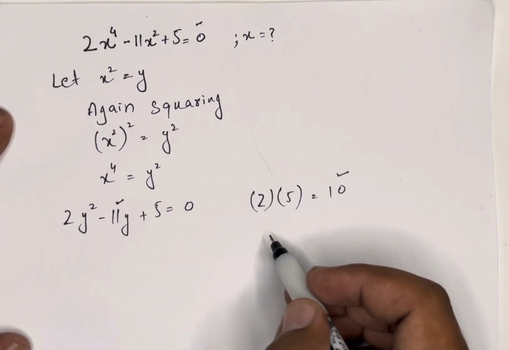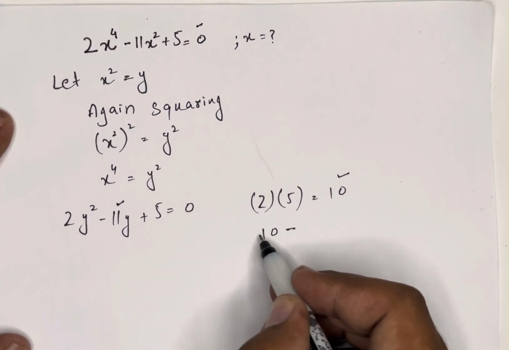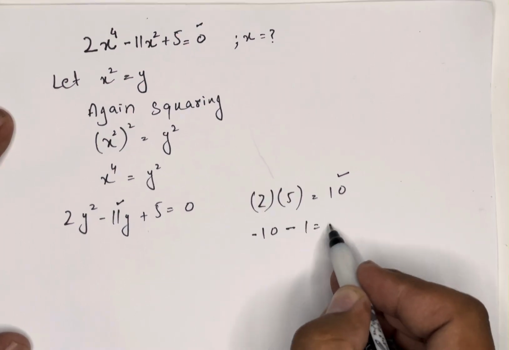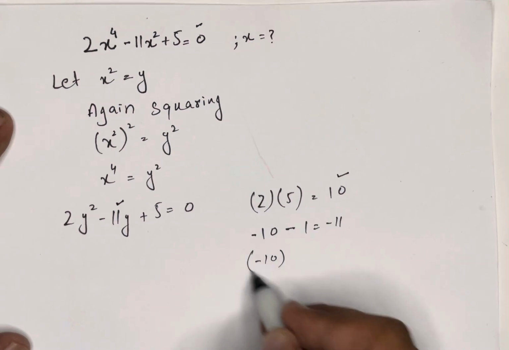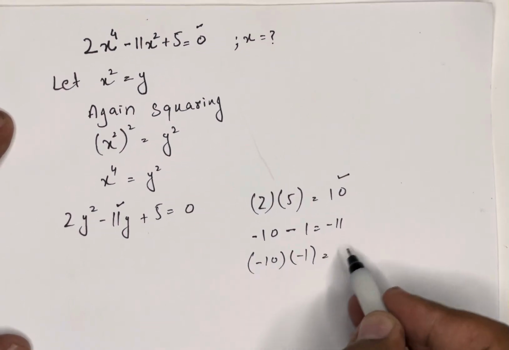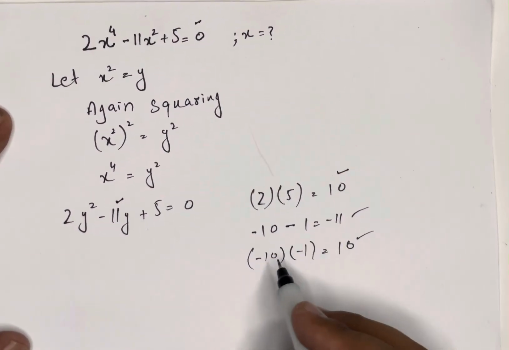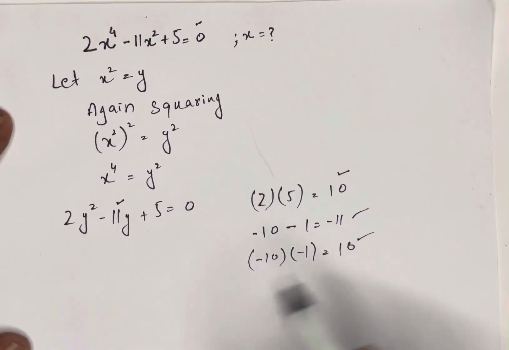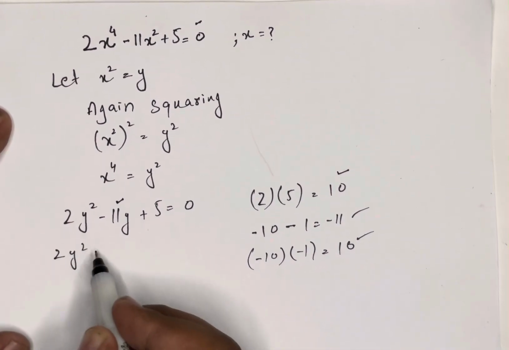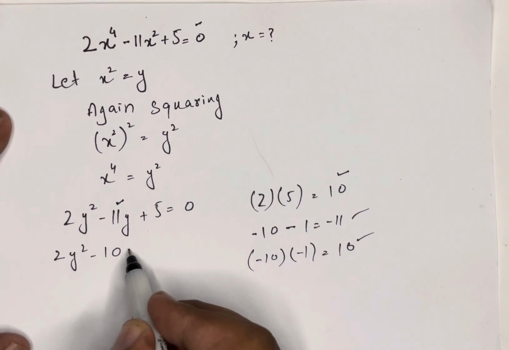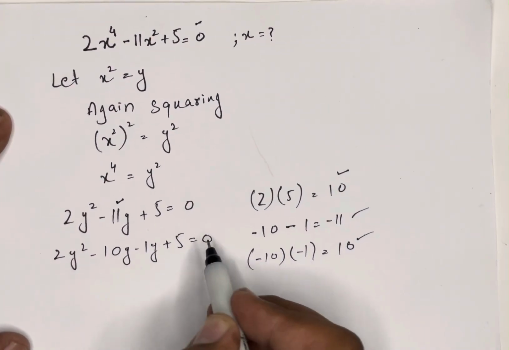So the factors will be minus 10 and minus 1, which give minus 11 as the sum and 10 as the product. So this is giving me my factors. So I can write this equation like this: 2y square minus 10y minus 1y plus 5 is equal to 0.